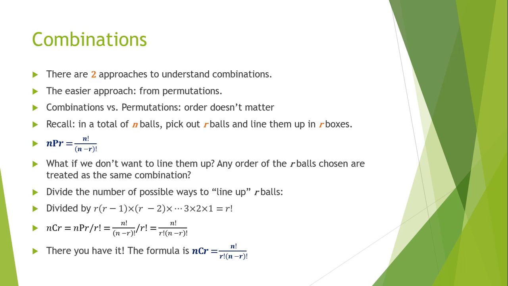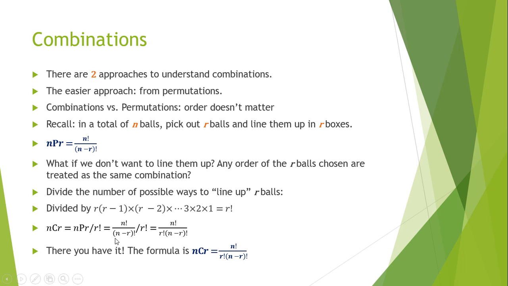So in this case, if we give a notation to combination, which is nCr, which means choose r items from n items in total, and we'll treat it as a combination, which means order does not matter. Well, according to our analysis above, this is really nPr divided by r factorial. Well, recall that nPr is n factorial divided by n minus r factorial.